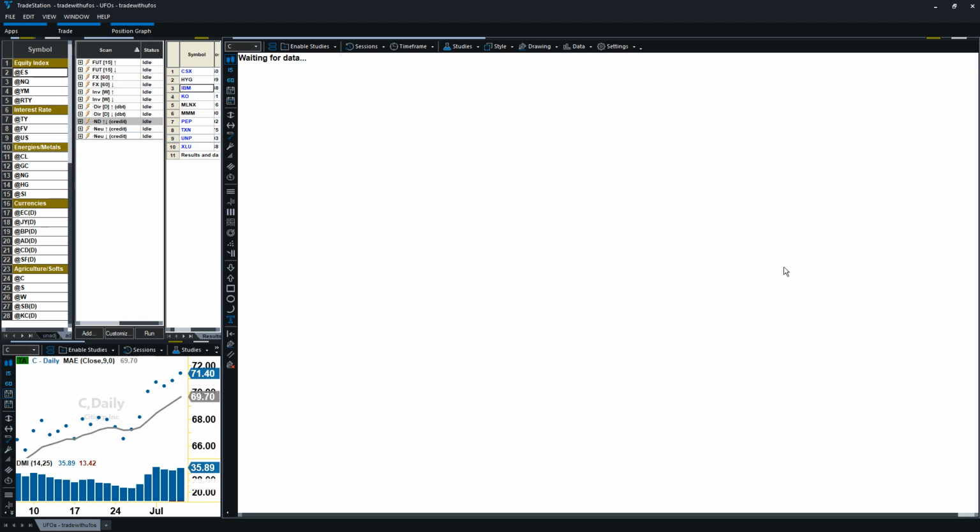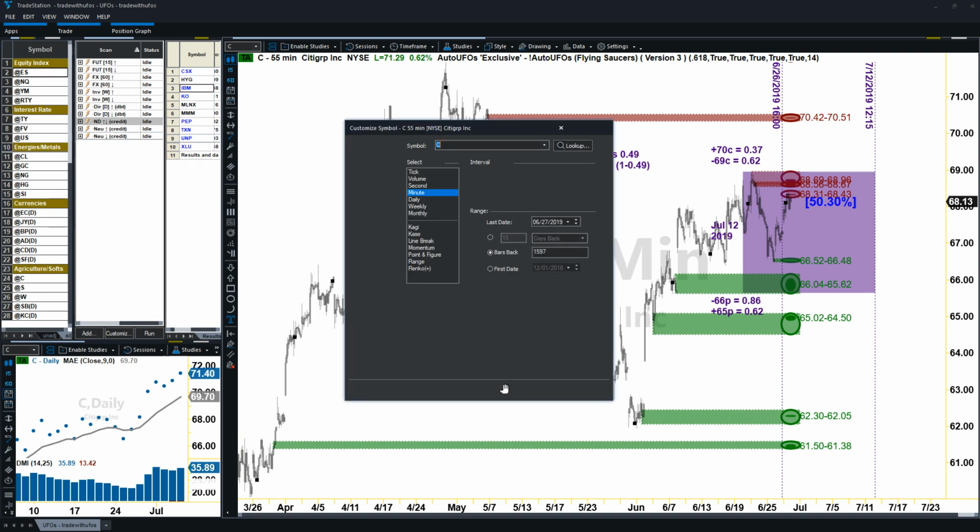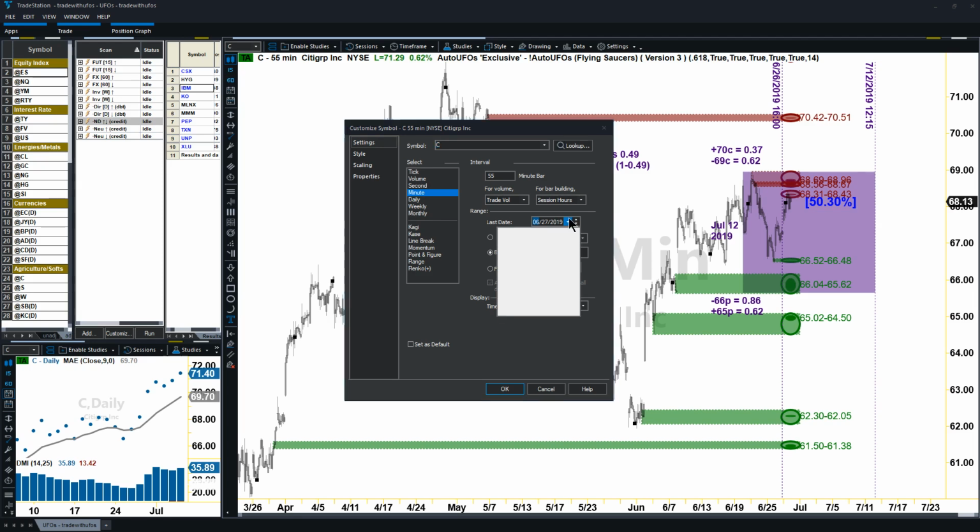On June 27, we got some movement, a new red UFO form. That is actually good news. What about the next day? The next day would be June 28.